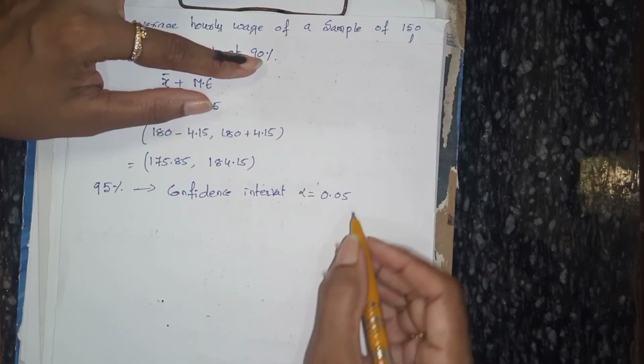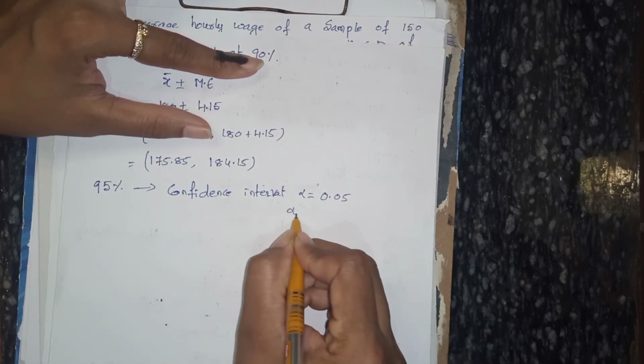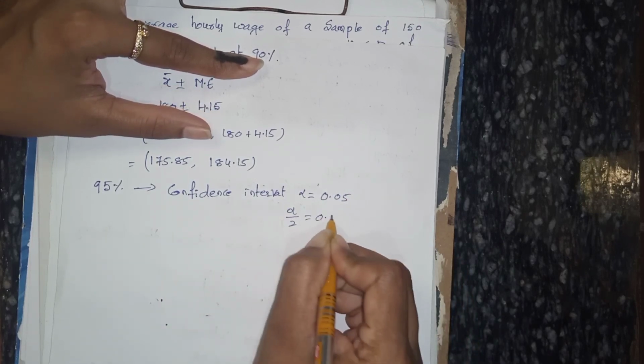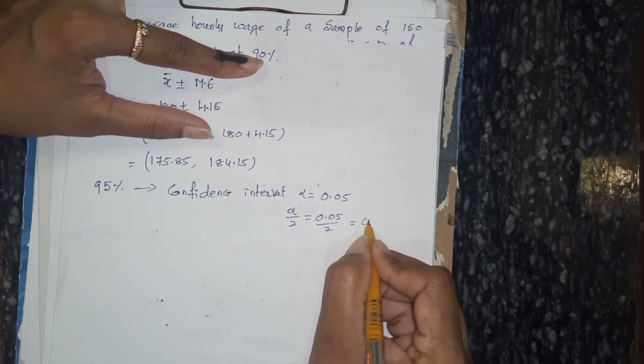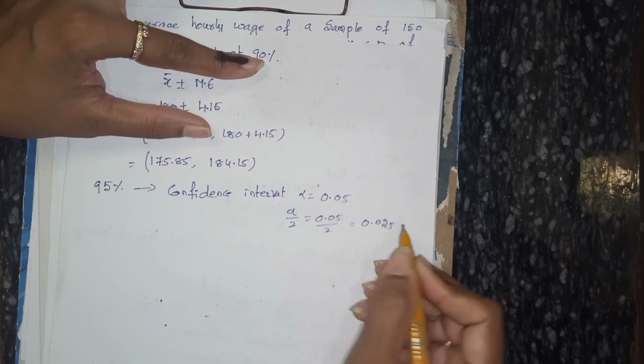Then alpha by 2, what is the alpha by 2 value? 0.05 divided by 2 is nothing but 0.025.